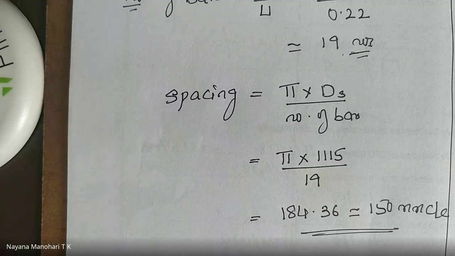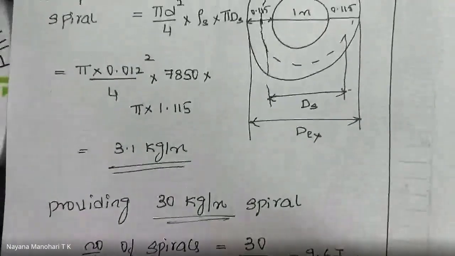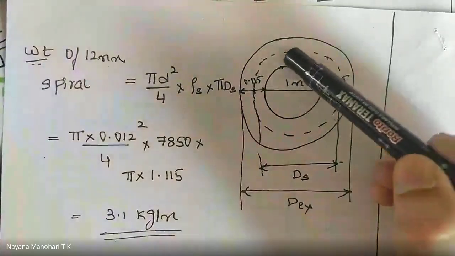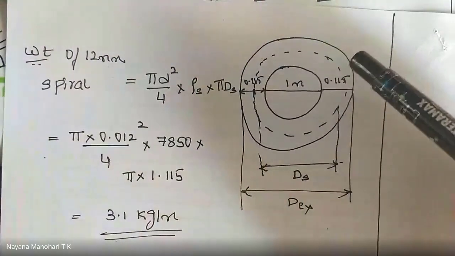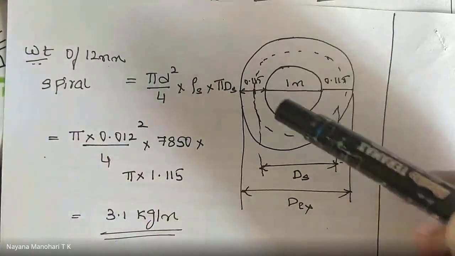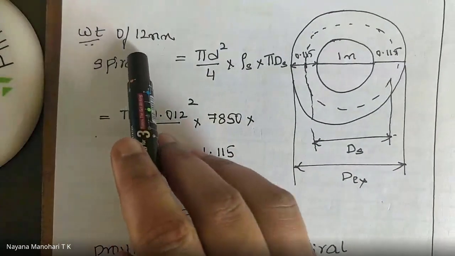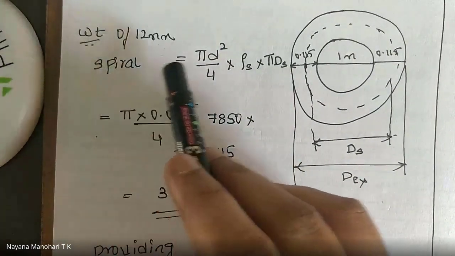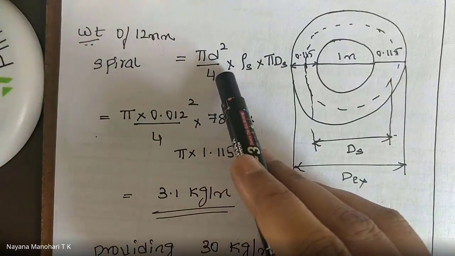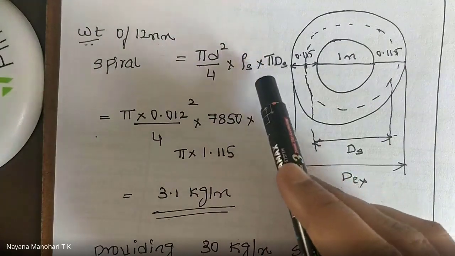In order to calculate that, you can observe in this figure, the spiral dia is needed. See here, this is your internal dia and this is the external dia. In between that, you are going to provide the spiral reinforcement. The weight of this 12 mm spiral is given by pi d square by 4 into its density into its perimeter.